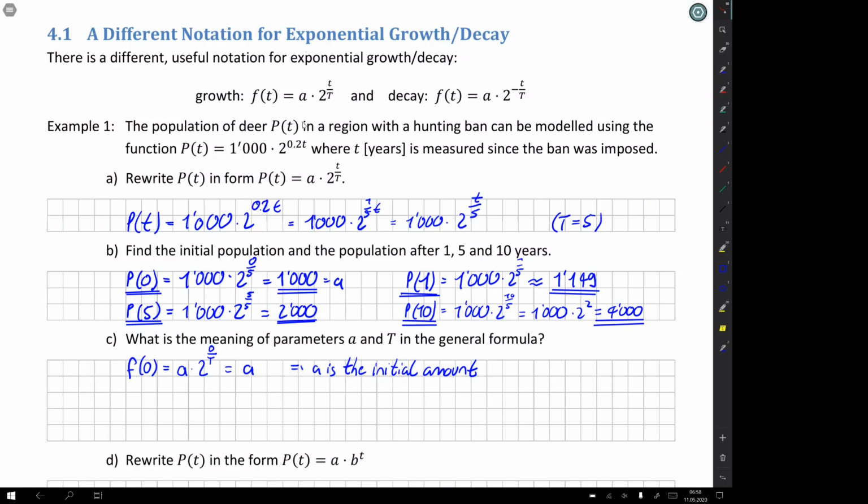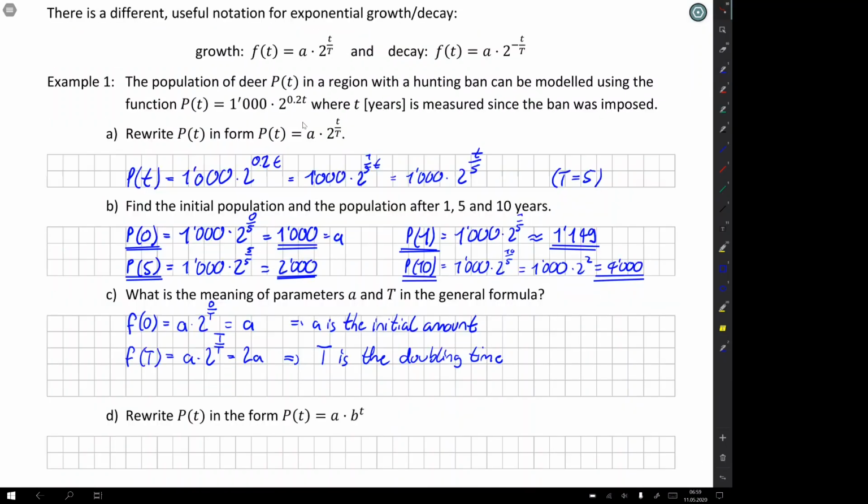So let us show that by looking at f of capital T. So we have a times 2 to the power of capital T divided by capital T. So we have 2 to the power of 1. So we get 2a. So what we found, T is the doubling time.